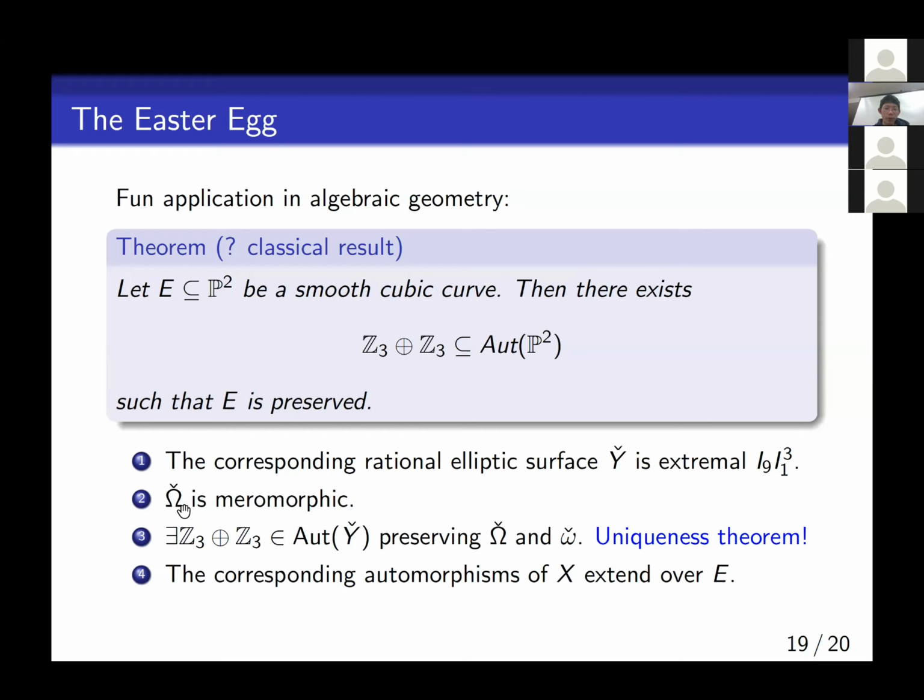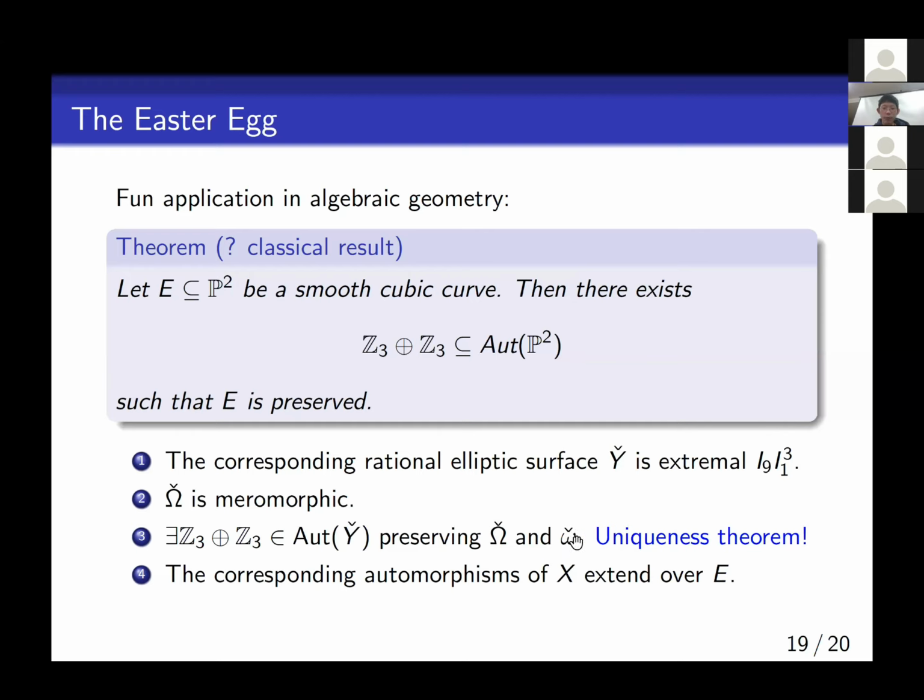With more analysis, we find that the (2,0)-form from the hyperkähler rotation on X check is not just a holomorphic (2,0)-form on X check, but when we extend to Y check, it's actually meromorphic. Then, since this extremal rational surface can be written very explicitly, there exists Z3 times Z3 inside the automorphism group, preserving omega, the (2,0)-form. That's easy.